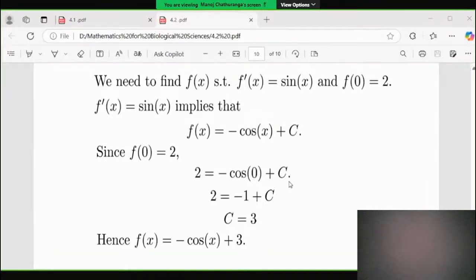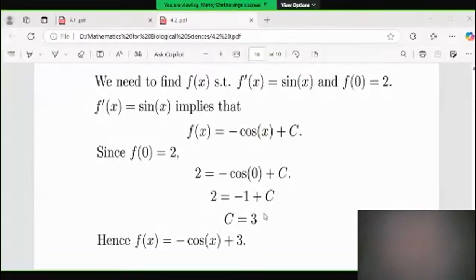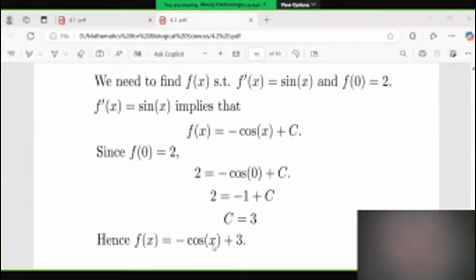Cosine 0 is 1. c is a constant, so it stays as it is. Now solve for c: c equals 3. So our unknown function turns out to be minus cosine x plus 3.